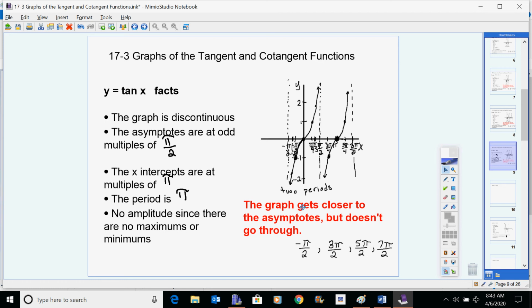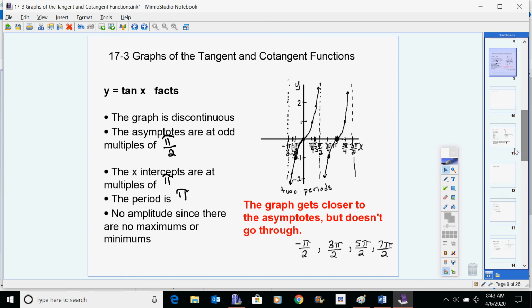However, the idea of amplitude actually comes into play as far as where these points are that I'll be looking for, where the 1 and the negative 1 belongs, or if it gets stretched out or compressed, it might be closer or further away from the x-axis, but we don't technically have an amplitude for the tangent or the cotangent function.